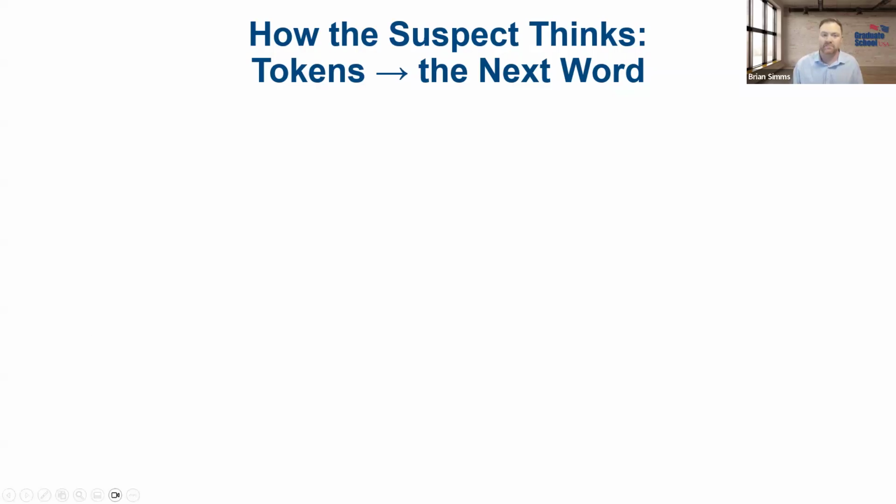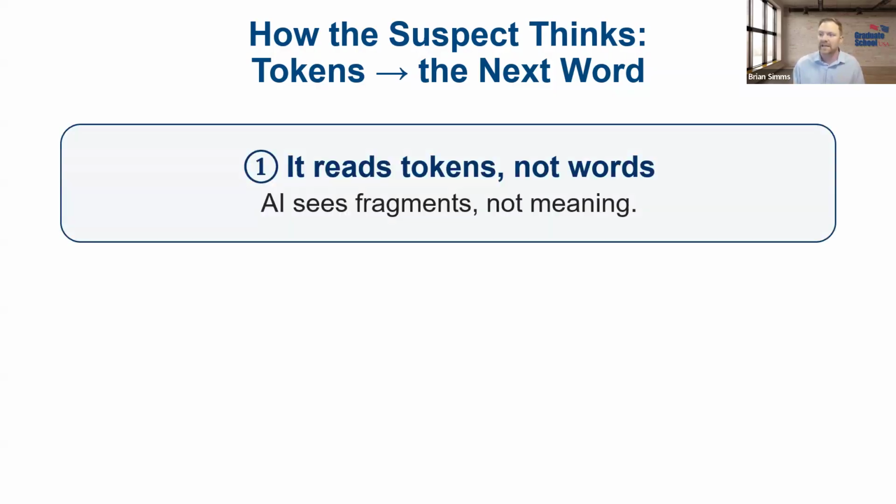So we'll talk about this a little bit, but I'll also move out into a demo environment in a moment and show you. On its surface, it is reading these things called tokens and not words. I kind of think of them like how we break words into syllables. It's the AI's equivalent of that: little fragments, not entire words necessarily.